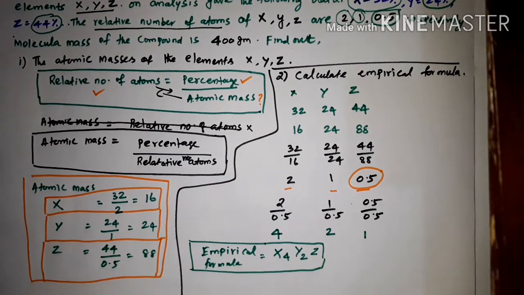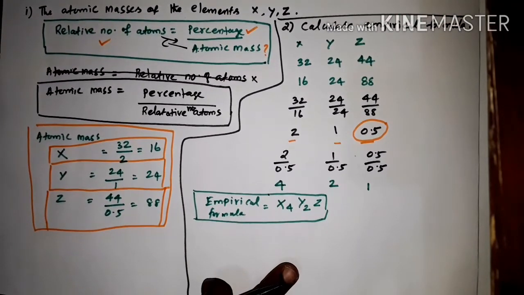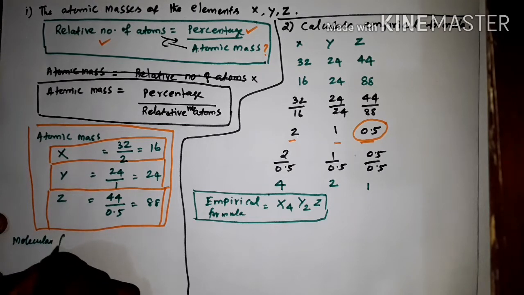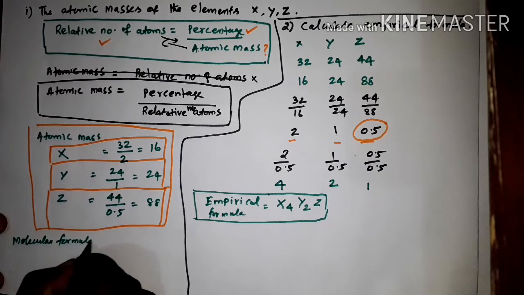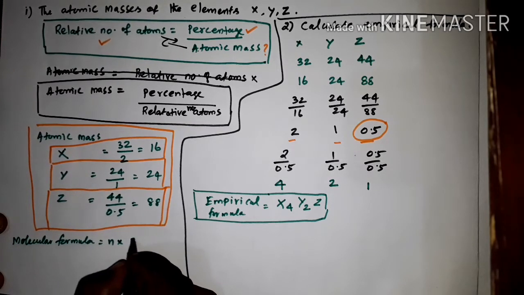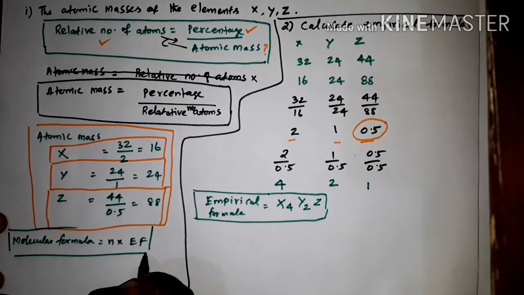Now we are going to calculate the molecular formula. How to calculate the molecular formula? The molecular formula is a whole-number multiple of the empirical formula. Molecular formula equals n into empirical formula. This is the formula we already studied.